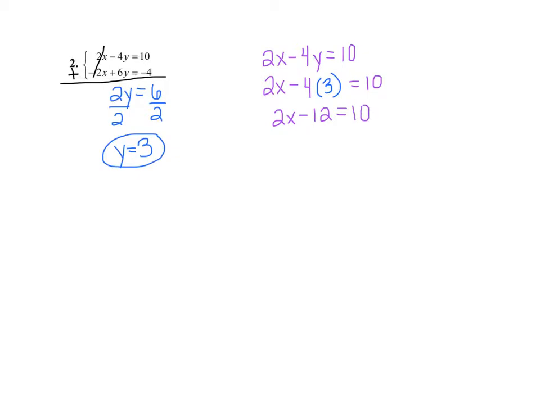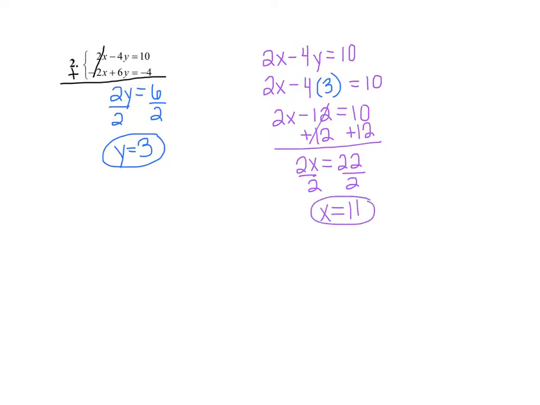And we have a two-step equation. So our next step is to get rid of the 12 by adding it, undoing it, to both sides. 12's cancel. 2x equals 10 plus 12 is 22. Divide both sides by 2. So x equals 11.